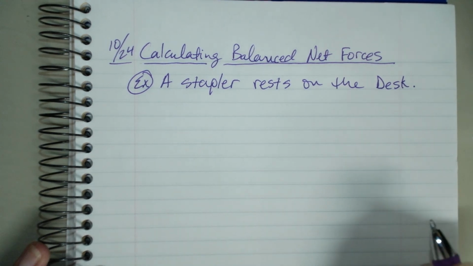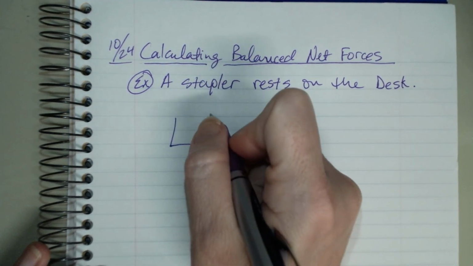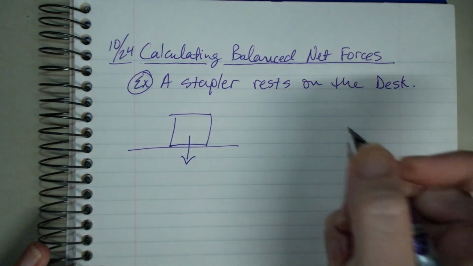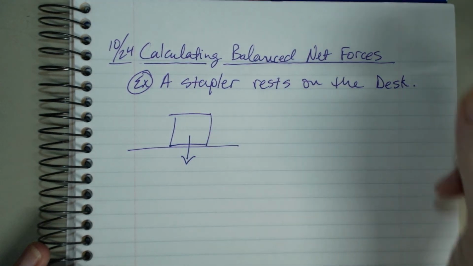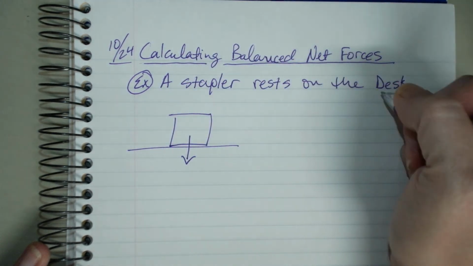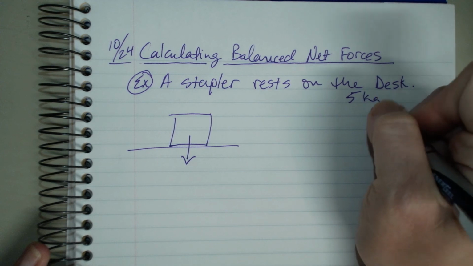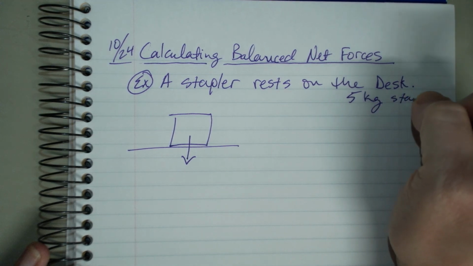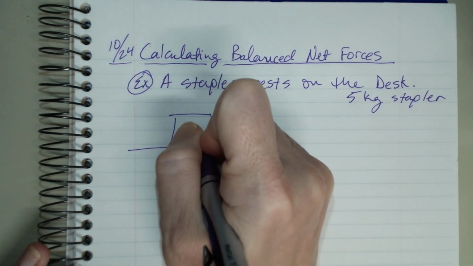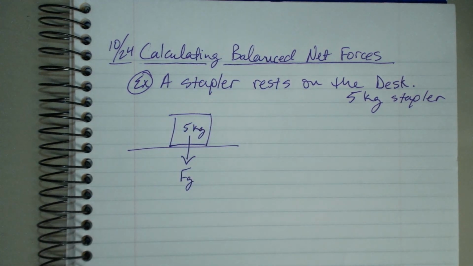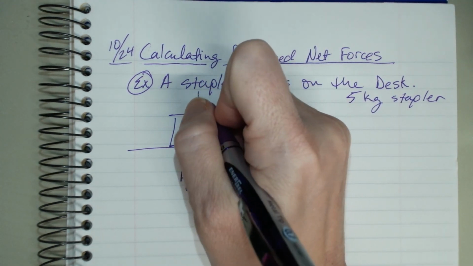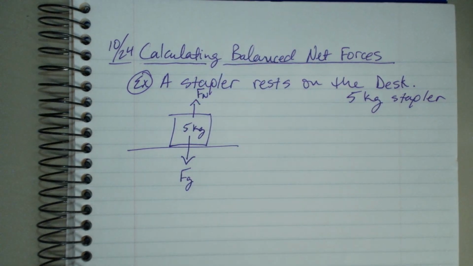So first I'm going to draw my free body diagram for that. Okay, so here's my stapler sitting on my desk. It has weight. Okay, let's say the stapler is, let's see, I don't know, 5 kilograms. So I have FG. I'm going to write 5 kilograms in the middle just to remind me that thing has mass. Okay, and then I have normal force because it's sitting on the desk, okay?